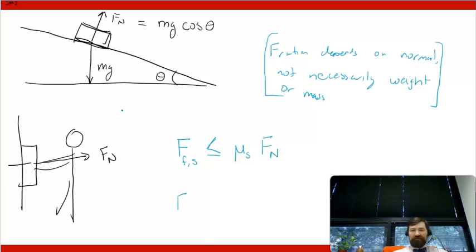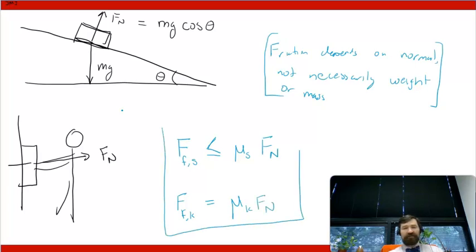And for kinetic friction, force of friction kinetic, F sub k, is equal to mu sub k times F sub n. So those are your equations that get how much friction should be present. And that statement that the maximum value of the static must be greater than the kinetic tells us that mu static is greater than mu kinetic.